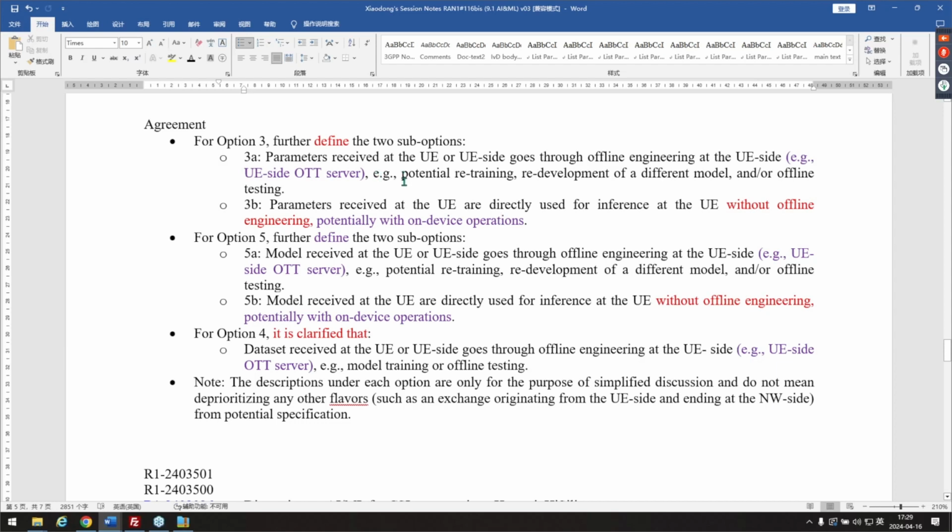That is not excluded. So even in 3B, 5B, there are actually 2 options: a really standardized kind of operation, or offline engineering is carried out, and then each model or parameter, each individual terminal specific, operator or vendor specific kind of thing, is given. That's both, is my understanding.